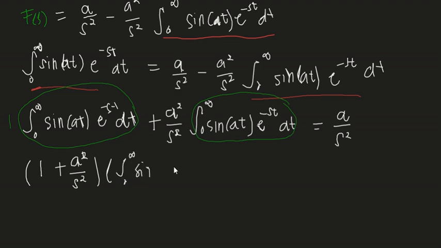We have sine at e raised to negative st dt. So which is equal to a all over s squared.